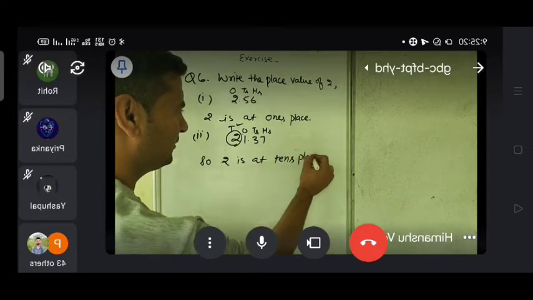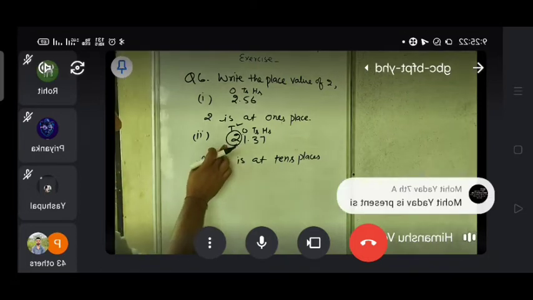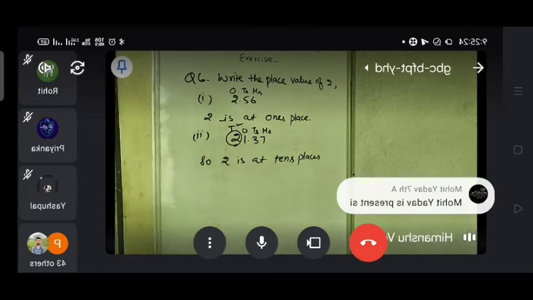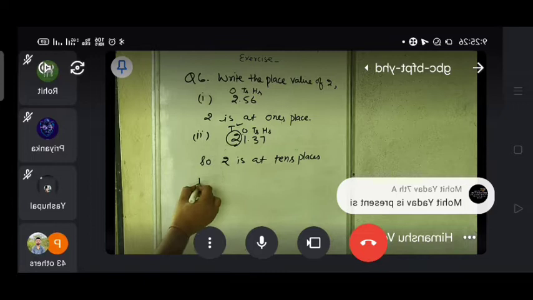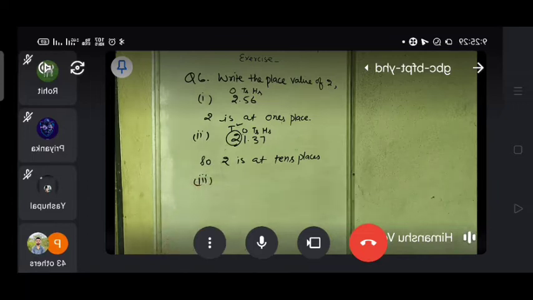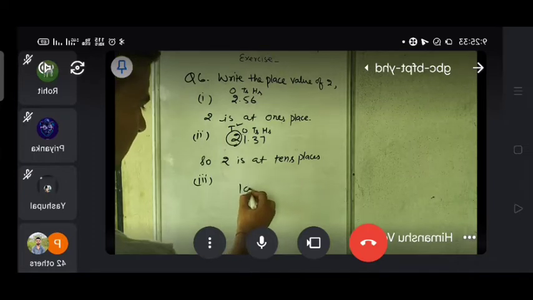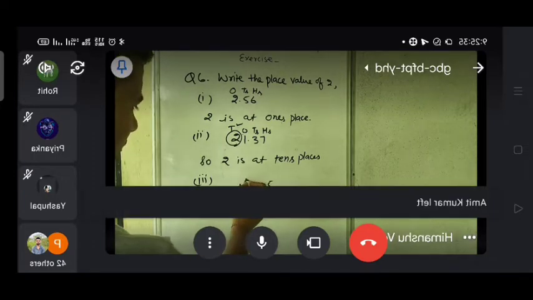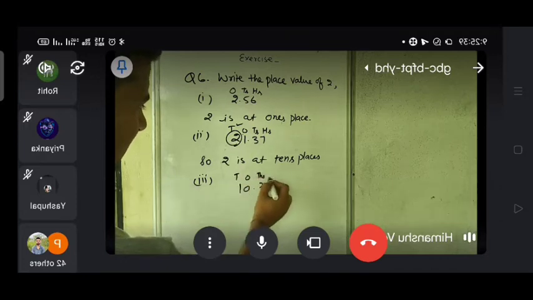This is tens place, and this is tenth place. There is a little bit of difference in the spelling and pronunciation. Okay, now come to the next: 10.25. This is ones place, tens place, tenth place, hundredth place.